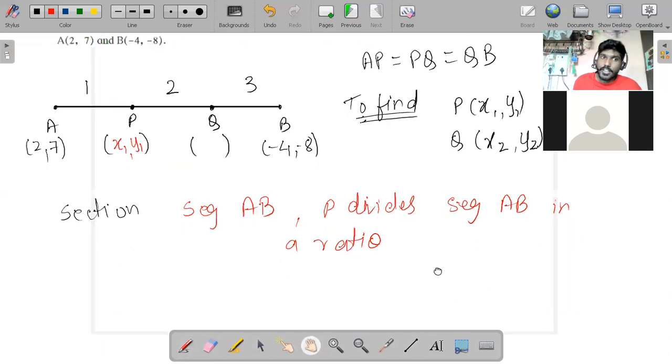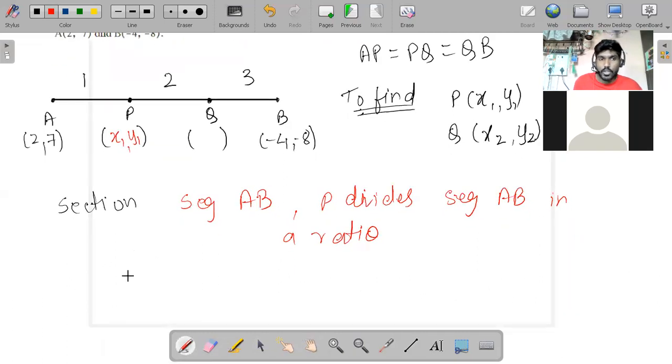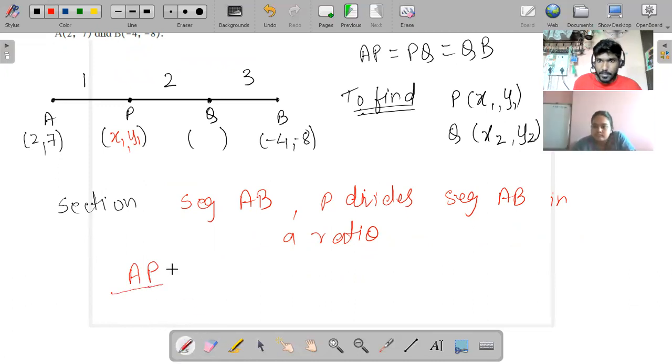In what ratio it divides, we have to find out. You can find that by doing AP upon PB. AP will be m and PB will be n. Is this clear? I did not understand.